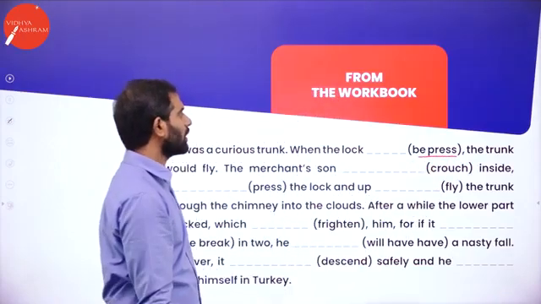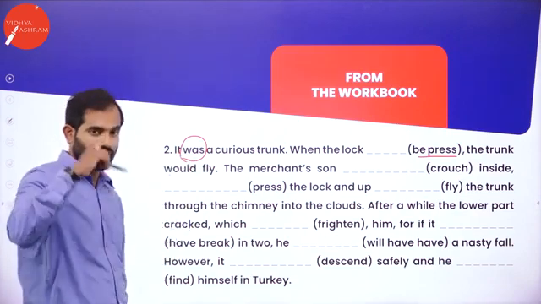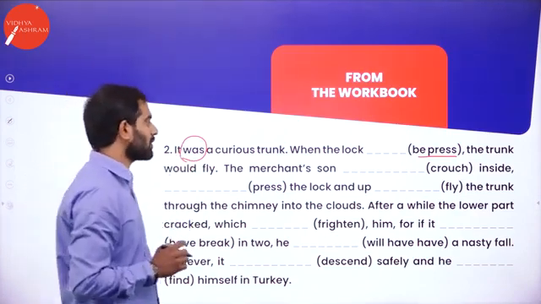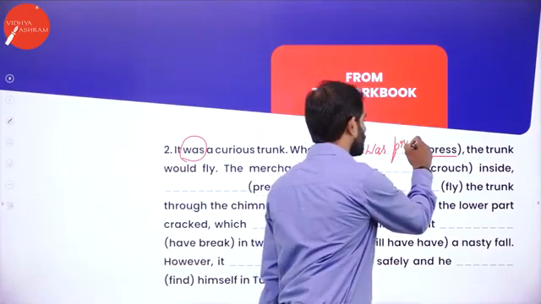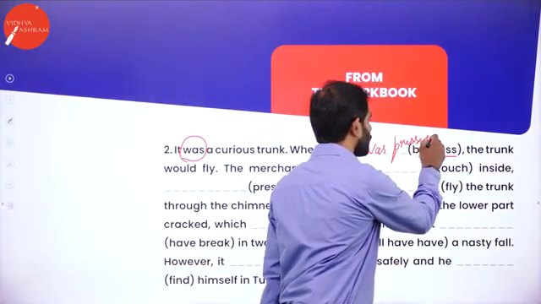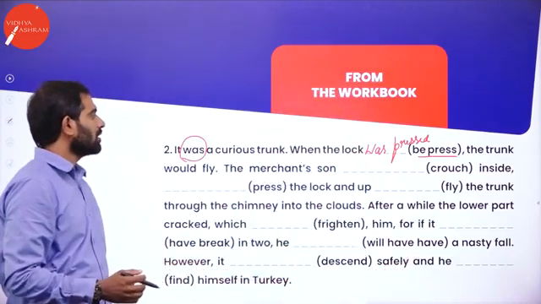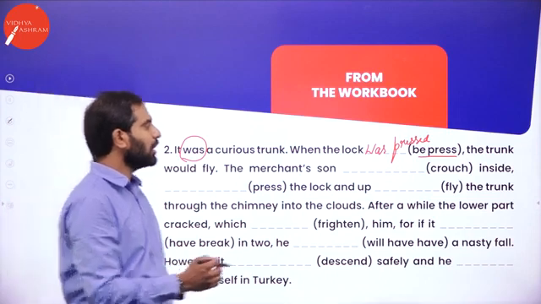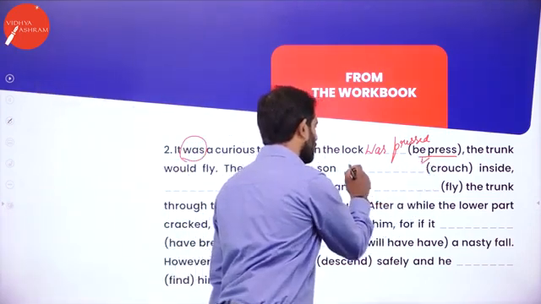be pressed, when the lock was, remember it is in past tense already, when the lock was pressed, the trunk would fly. The merchant's son crouched. Now there is no auxiliary verb here.